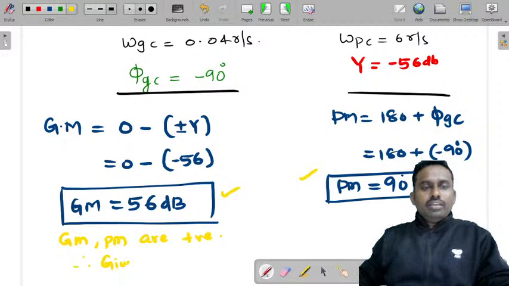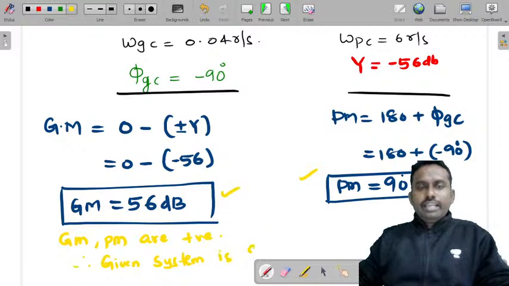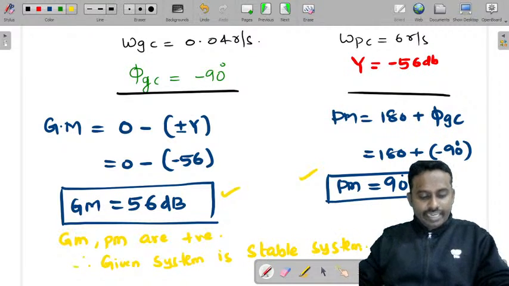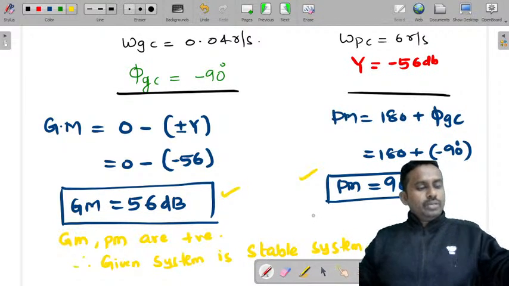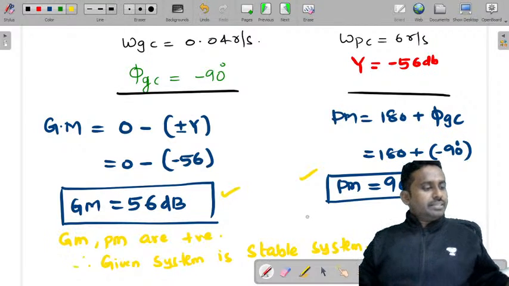Therefore, the given system is a stable system. Can I write it this way? Yes. So this is how you will determine the gain and phase margin of a given open loop transfer function using Bode plot.